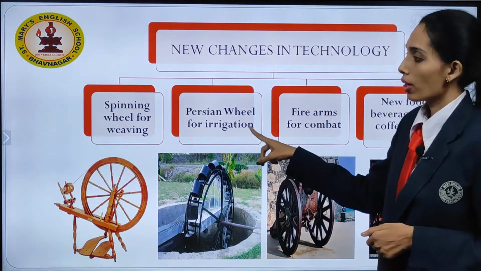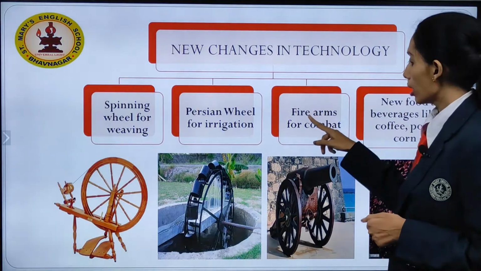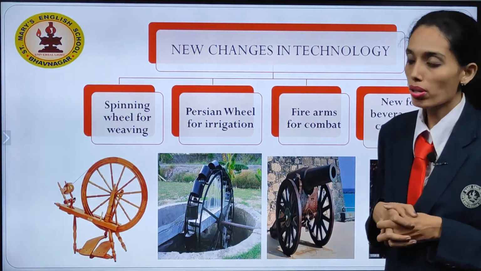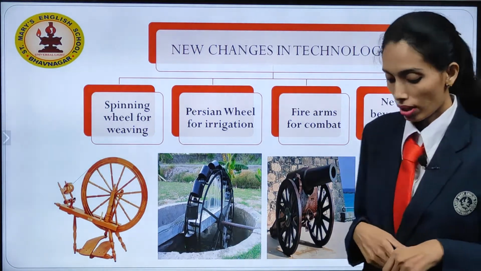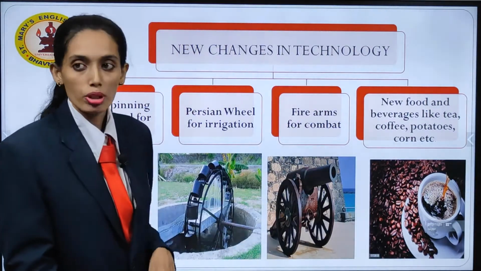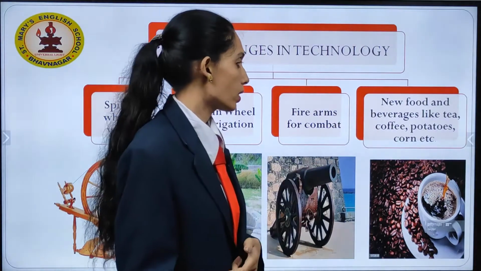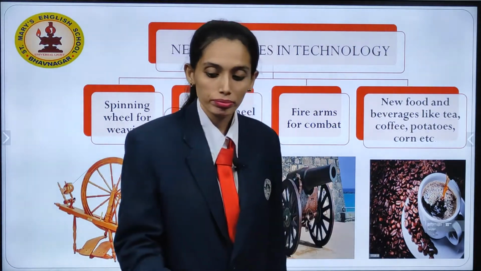Persian wheel for irrigation. For agriculture, the Persian wheel was used. Third, firearms for combat. They brought new ammunition for combat. Then they brought a lot of food items. New foods and beverages like tea, coffee, potatoes, corn, etc.